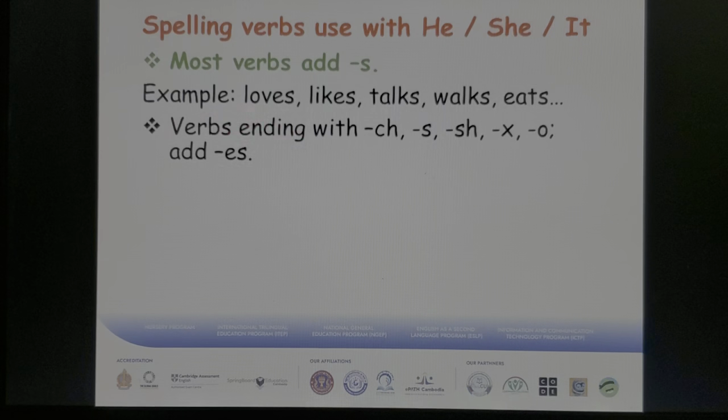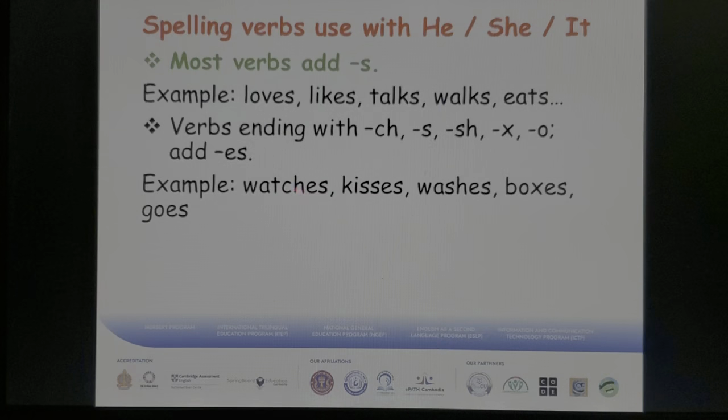Rule number 2: verbs ending with ch, s, sh, x, o add es. Okay, ch, s, sh, x, and o add es when those verbs are used with subject he, she, and it. For example: watches, passes, washes, boxes, and goes.